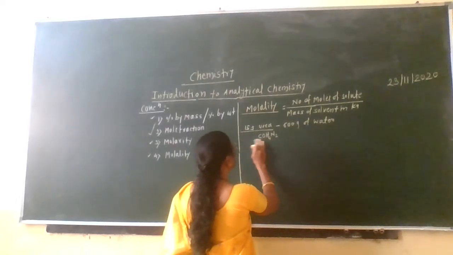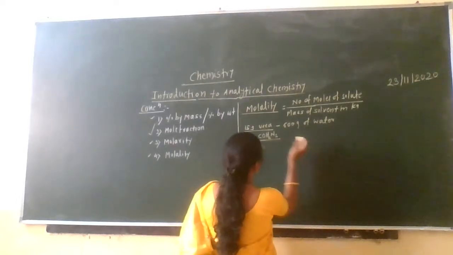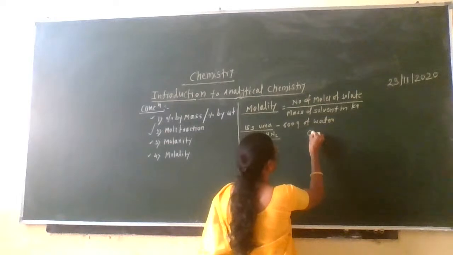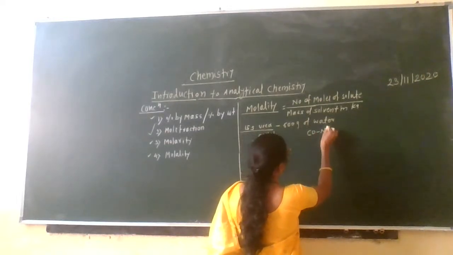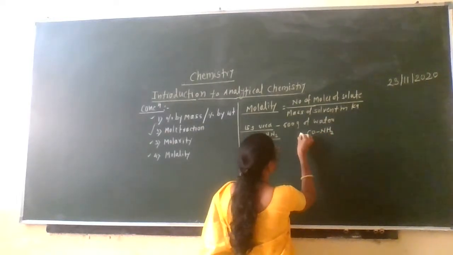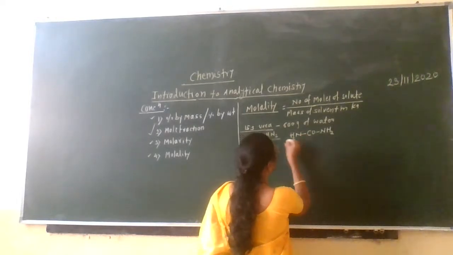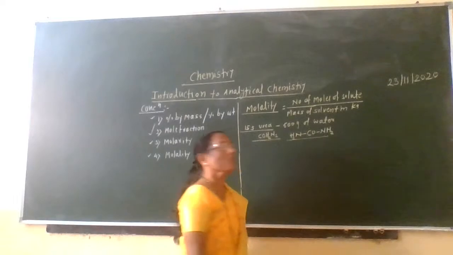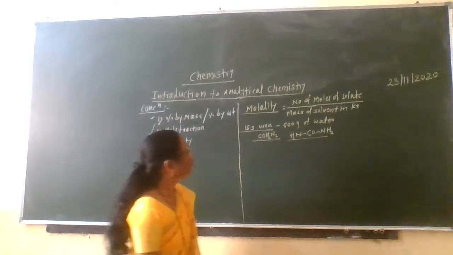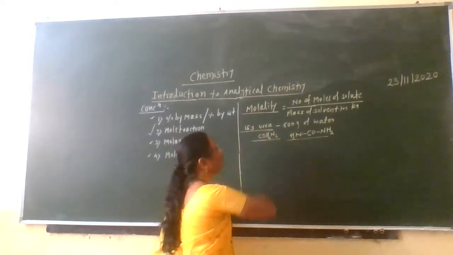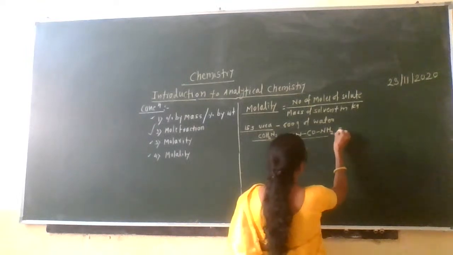Or we can write the structural formula, CO with NH2 on the right and also NH2 on the left. This is the formula for urea. From it we can calculate the molar mass.